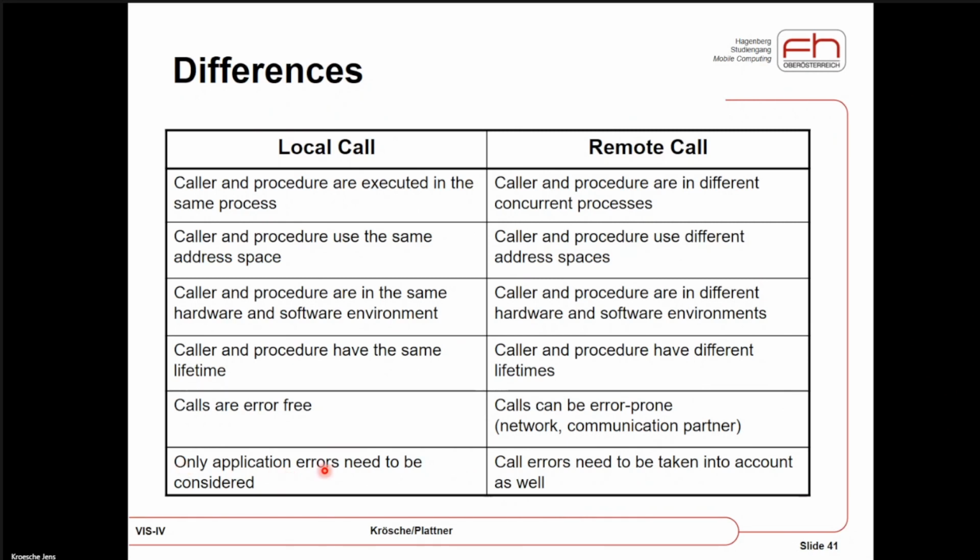Only application errors need to be considered. So when you do something locally, you typically just have to make sure that your program runs as expected. In a remote call, you sometimes do not have everything under control. If Amazon decides, okay, we need to shut down the cloud on Sunday night because we have to make that important update, this could happen.